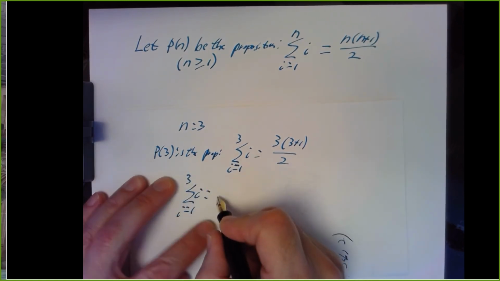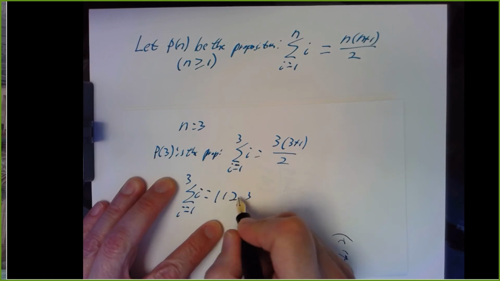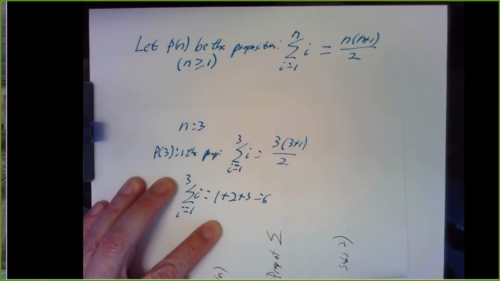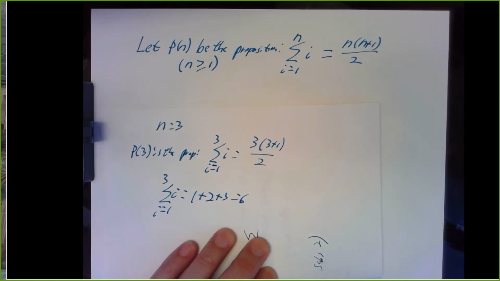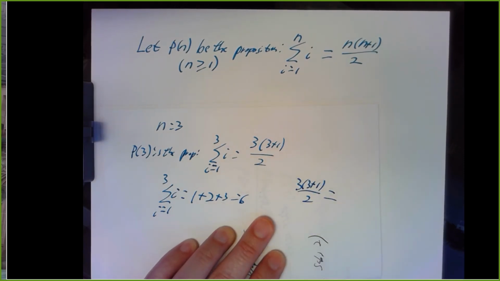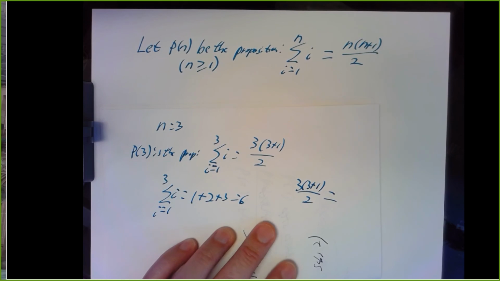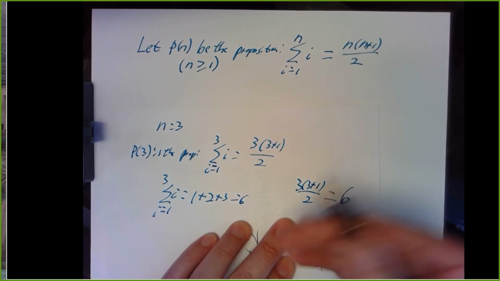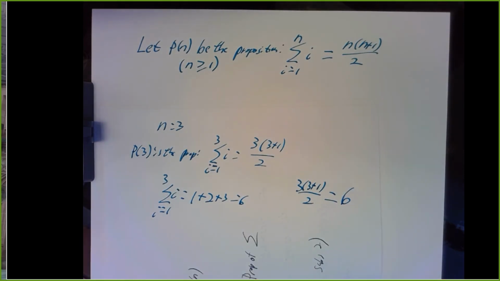It says take a 1, take a 2, take a 3, add them together. That's equal to 6. What is 3 times 3 plus 1 divided by 2 equal to? Also, 3 times 4 is 12, over 2 is 6. So for n equals 3, this seems to be true.